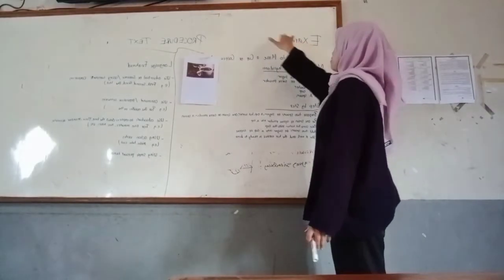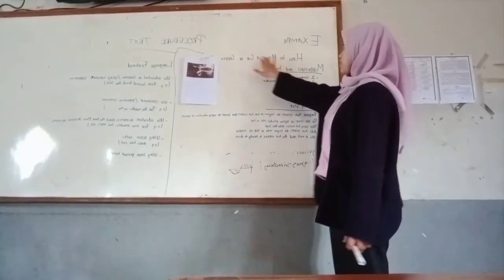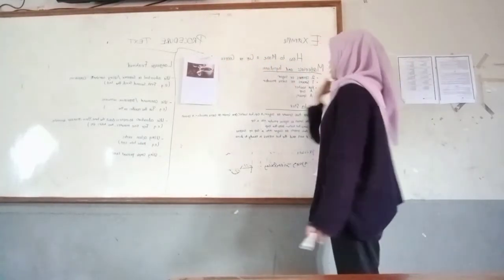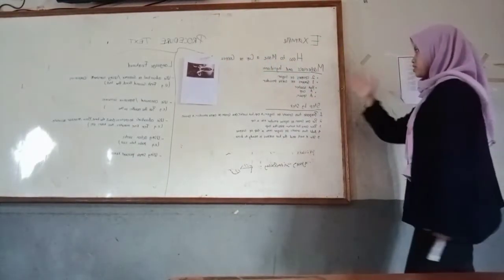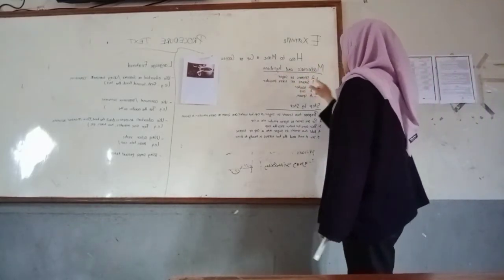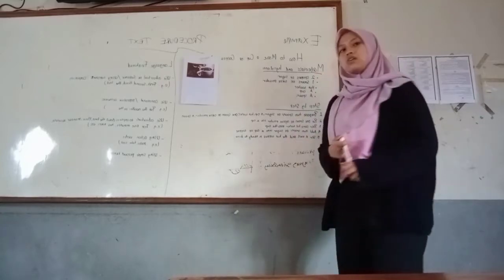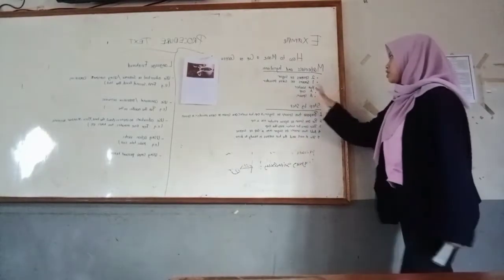In here, I will give one example of procedure text about how to make a cup of coffee. This is a cup of coffee, and these are the materials and ingredients, and the steps. The materials and ingredients: 2 spoons of sugar, 1 spoon of coffee powder, hot water, a cup, and a spoon.